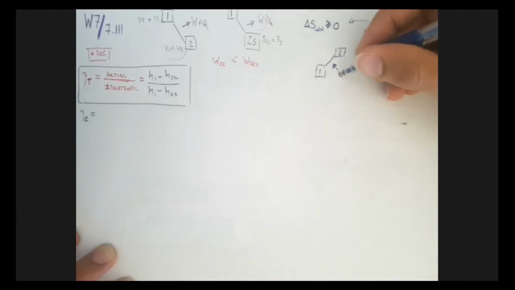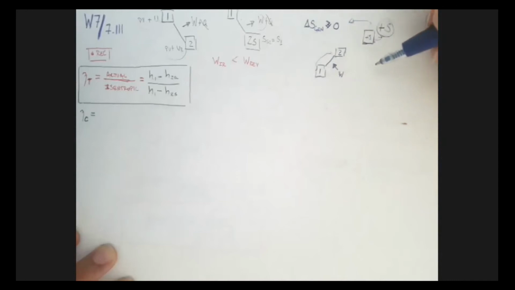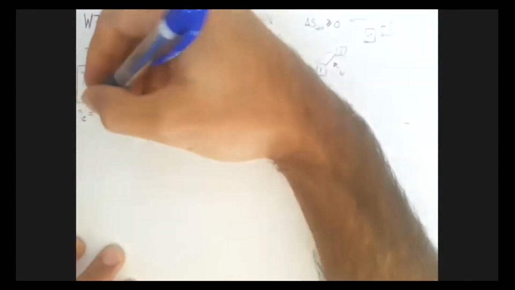I need to put work into this system to be able to escalate upwards. Now, if I have a system that's completely reversible, I have to put in less work than I would otherwise if I have irreversibilities and I'm losing that energy. So in the case of a compressor, it will be the other way around.